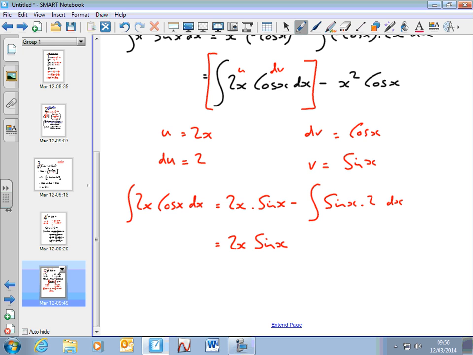Integral of 2 sine x. Integral of sine x is minus cos x, so, times 2.